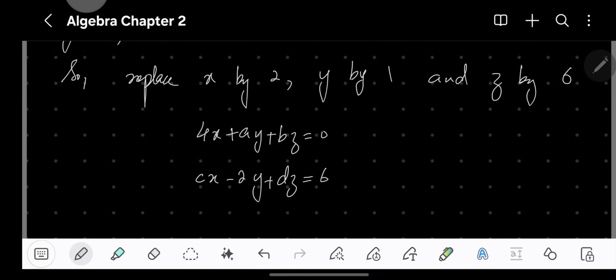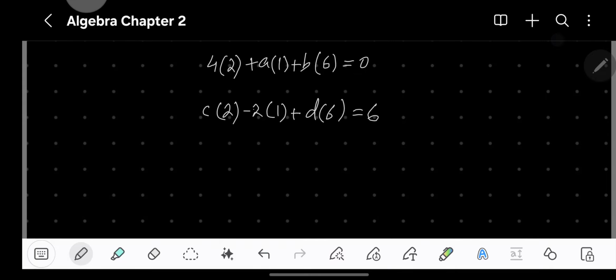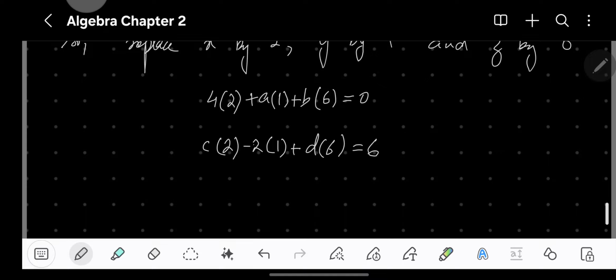Here is the system. What I have to do, I have to replace x by 2, y by 1 and this z by 6. I have replaced it. Now we can solve them one by one.